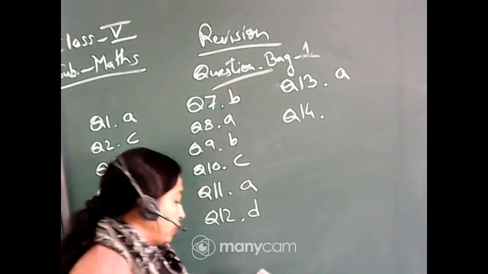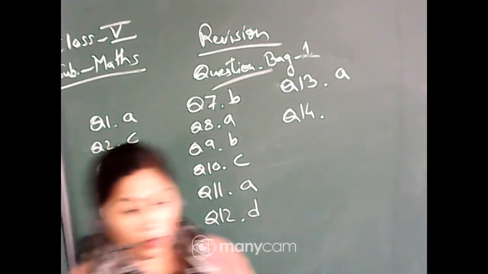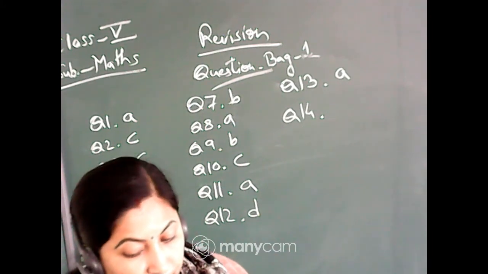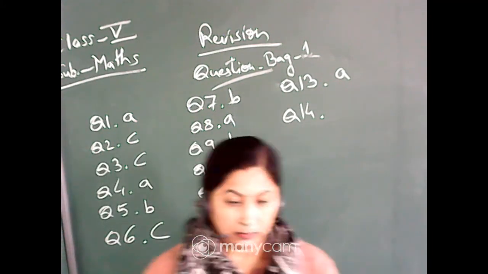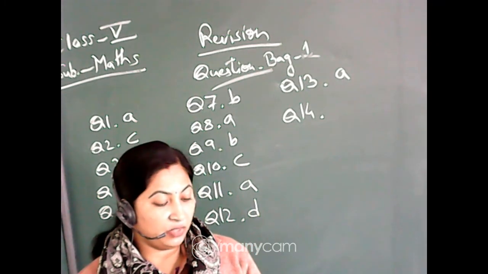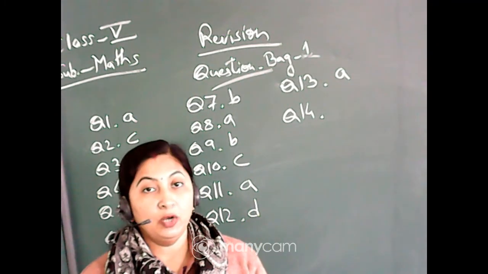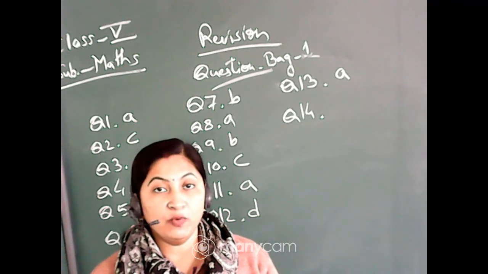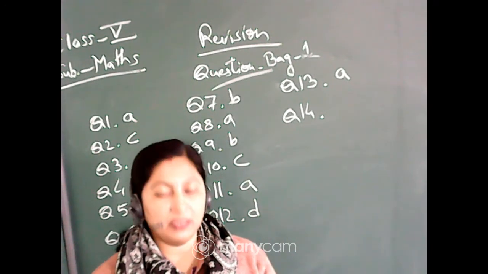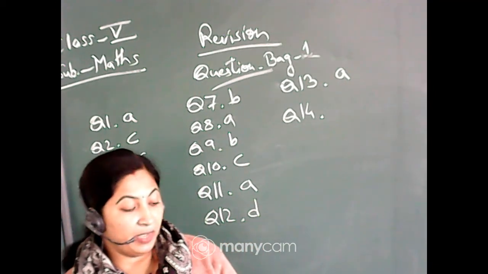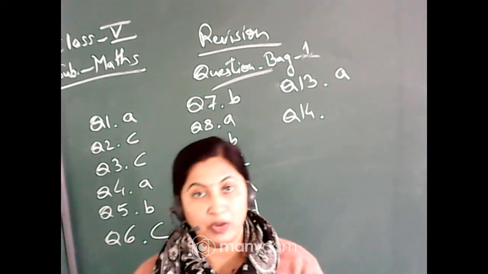Now come to question number 14. 2.62 divided by 131. Now you have to divide 2.62 by 131. Obviously when you remove the decimals, it will be 262 divided by 131 into 100, isn't it?